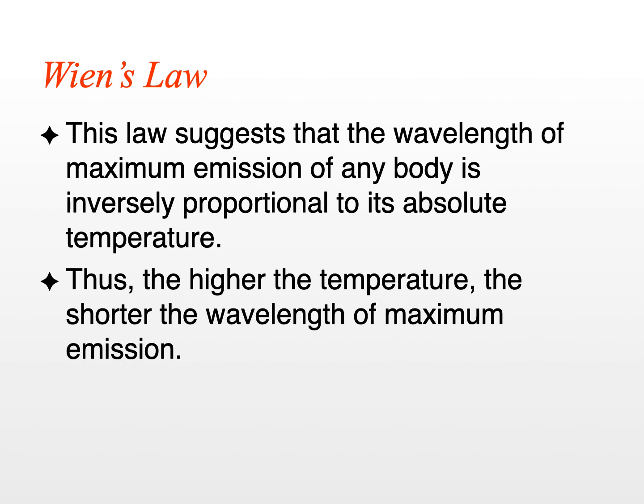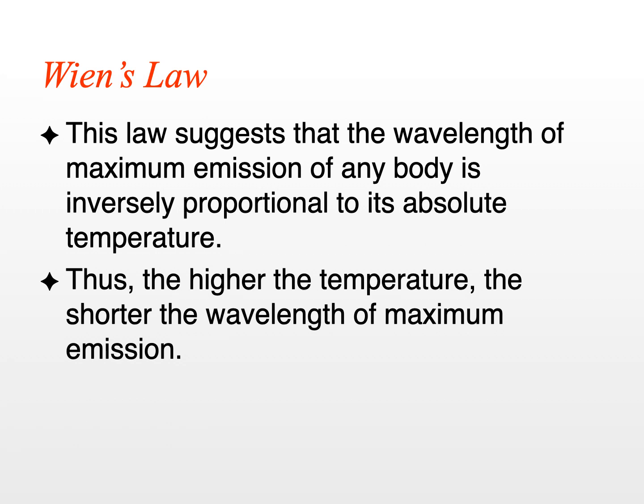Wien's law is another law that we need to learn. It's important because this mathematical law describes the wavelength of maximum emission from an object or body. And it suggests that the wavelength of maximum emission of any body is inversely proportional to its absolute temperature.